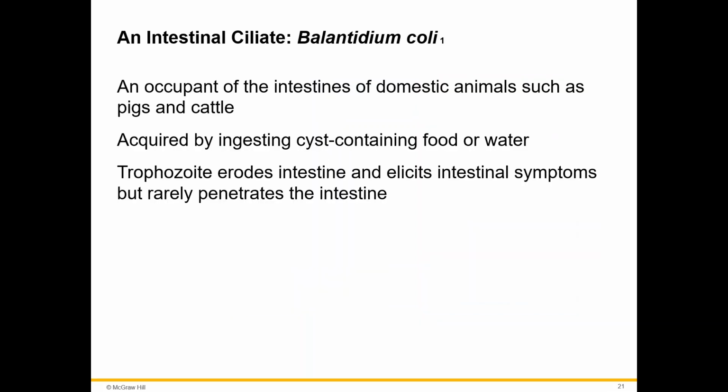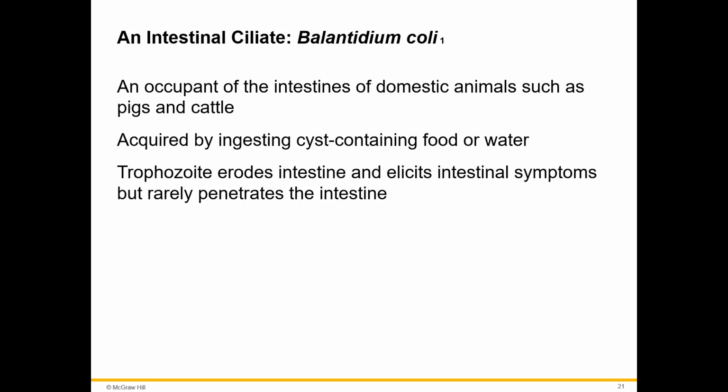And so now we're going to move on to some ciliates. We're done with the amoebas, but we're going to go into an intestinal ciliate, and this is Balantidium coli. This basically occupies the intestines of different domestic animals, especially livestock such as pigs and cattle.